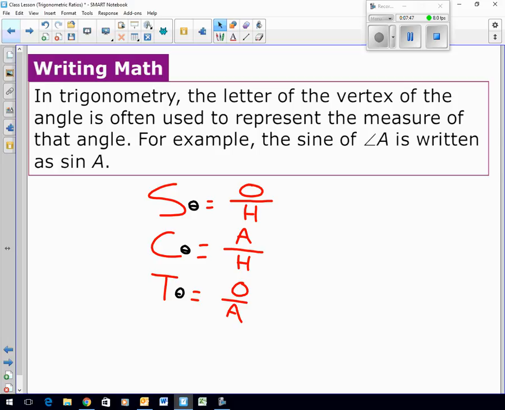Alright, a couple of different ways to remember SOHCAHTOA. Number one: Some Old Hippie Came Around Here Tripping On Acid.